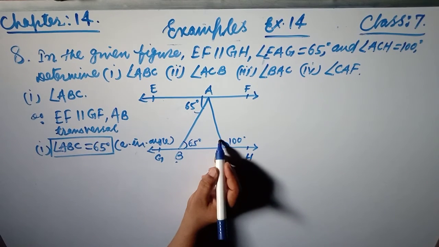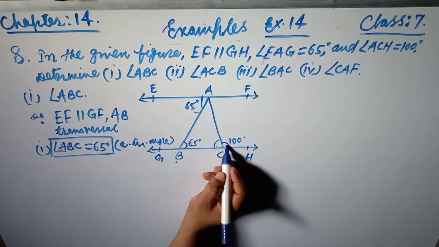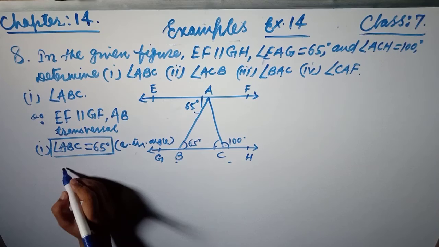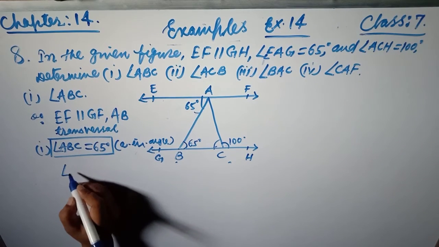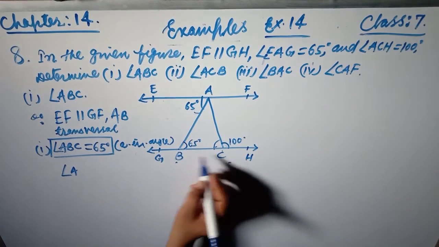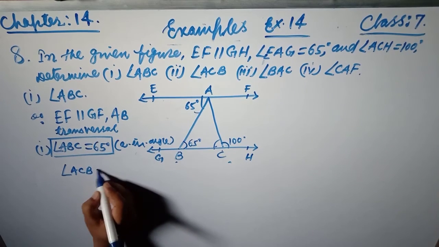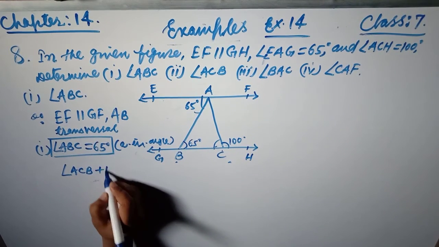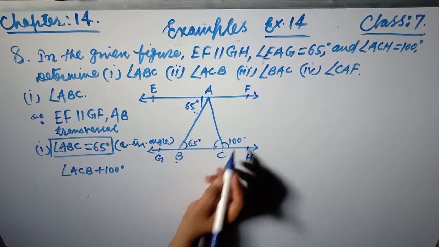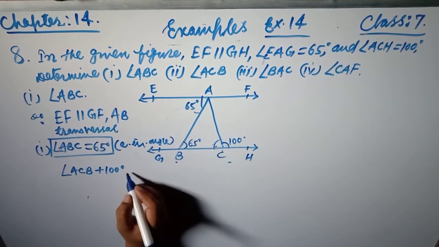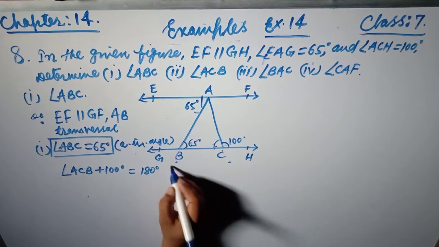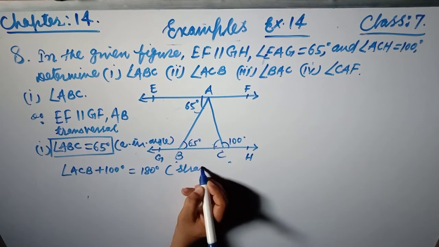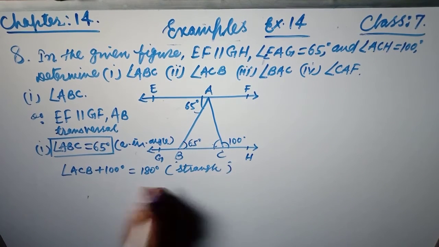Look at this angle and this angle, friends. The sum of these two angles is 180 because of the straight line. Now we can write angle ACB plus this 100 degrees angle is equal to 180 because of a straight angle.